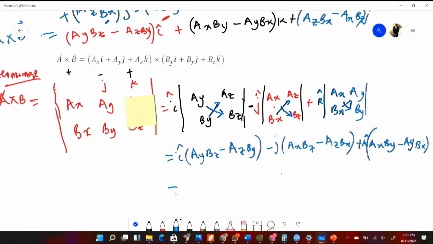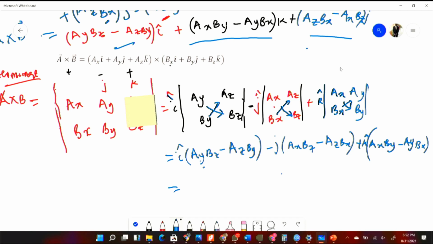Now if you compare this one with this, there's a very small difference, isn't it? That is, if you can observe it. The difference exists here. So here we have ay bz minus az by. Everything here is the same. Everything here is the same. So what did we miss here?